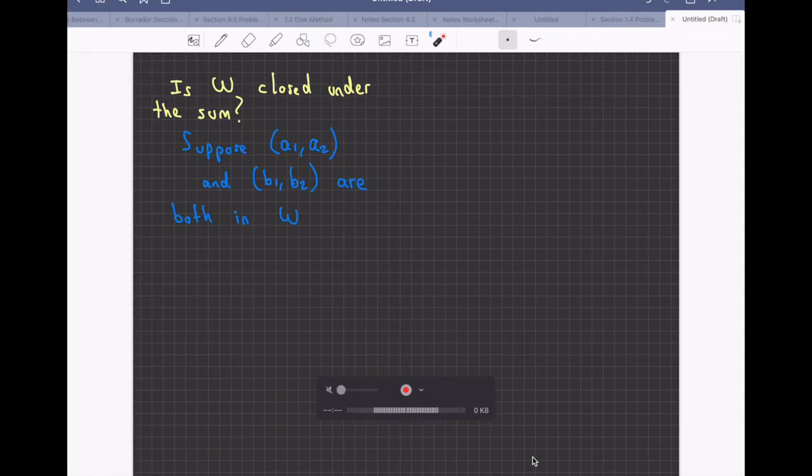So we take these two elements. Now I'm going to do the addition.